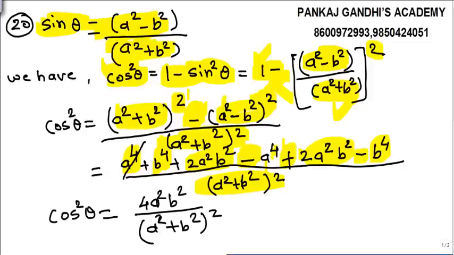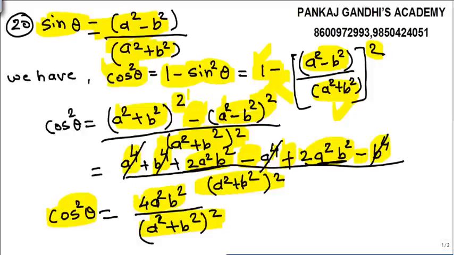Now this a raised to power 4 and this a raised to power 4 will get cancelled, and this b raised to power 4 and this b raised to power 4 will get cancelled. This 2a square b square and this 2a square b square will become plus 4a square b square, divided by this. So we got the value of cos square theta: 4a square b square upon a square plus b square, whole square.